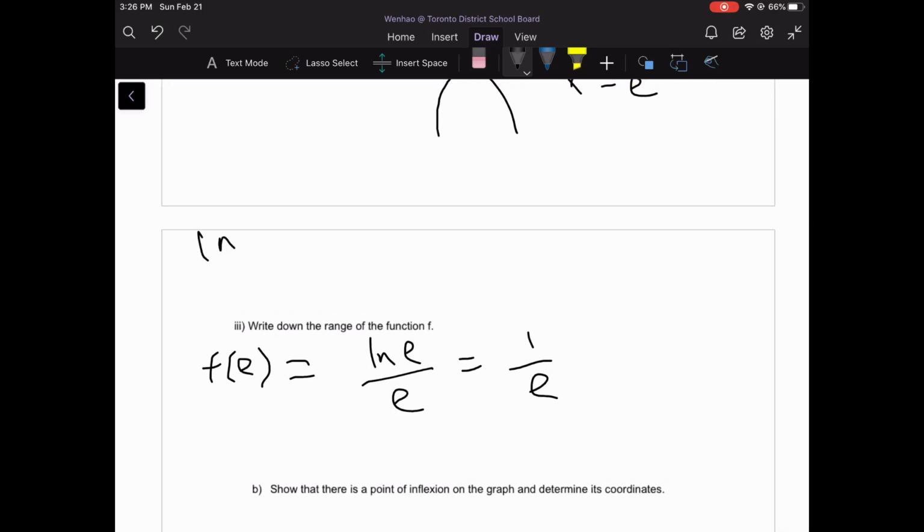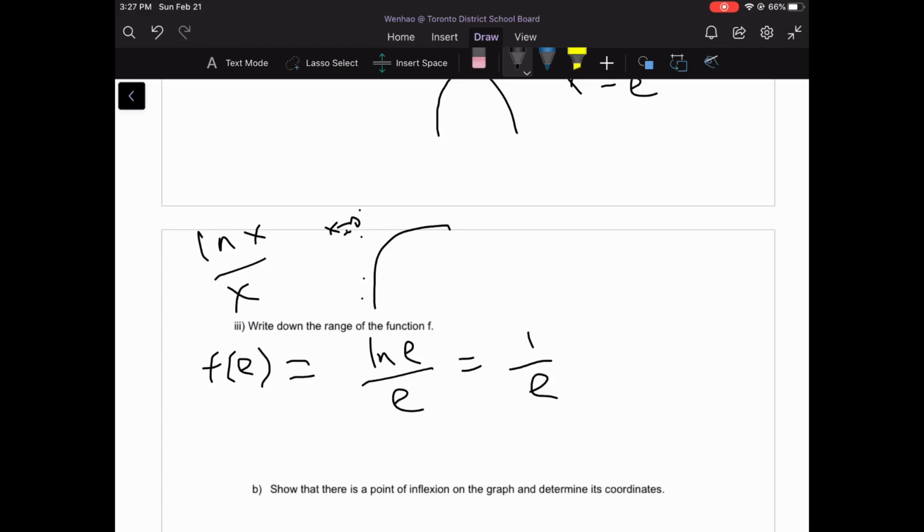As ln x over x, when x approaches 0, it approaches a vertical asymptote at x equal to 0, and its value is approaching negative infinity.